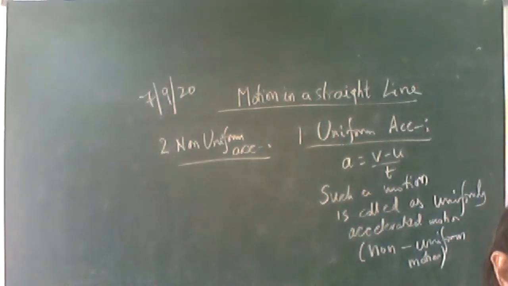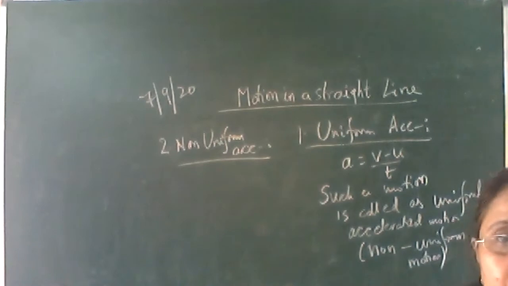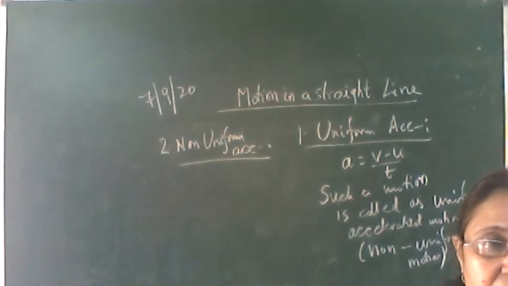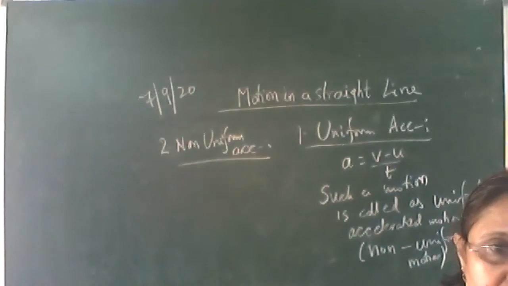Acceleration is not constant. Called non-uniform acceleration. And such a motion is called non-uniformly accelerated motion.